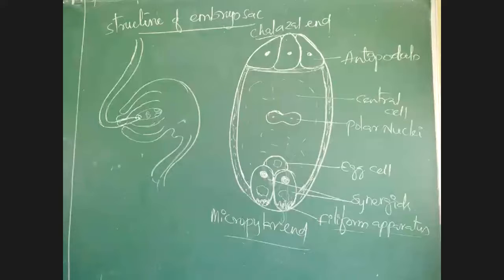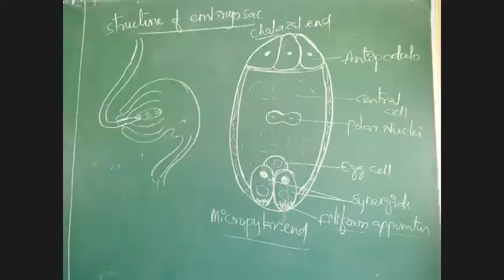Next point. The egg fuses with one male gamete and forms the zygote, within brackets syngamy. Next point.